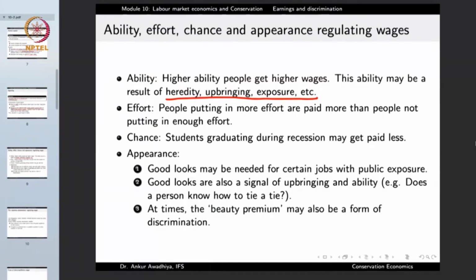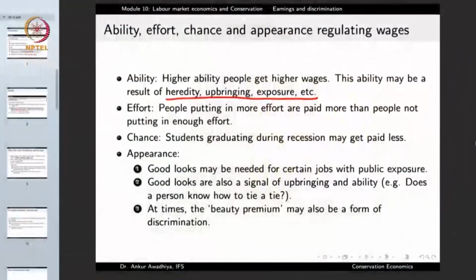Effort. A person who is putting up more effort is paid more than a person who is not putting up enough effort. So basically, if there are two candidates, both have equal abilities, both have equal education, but person one works for 12 hours in a day, but person two works for only 2 hours in a day. The rest of the time, he does not work.